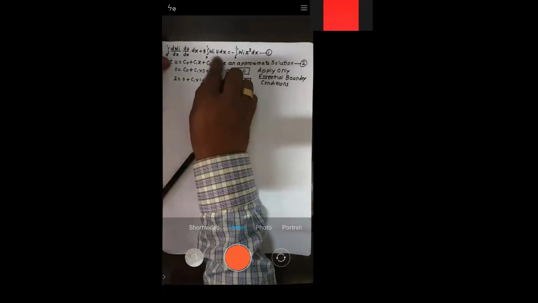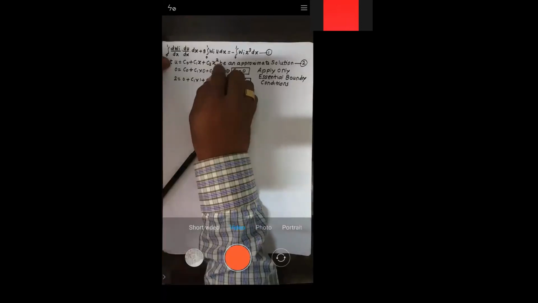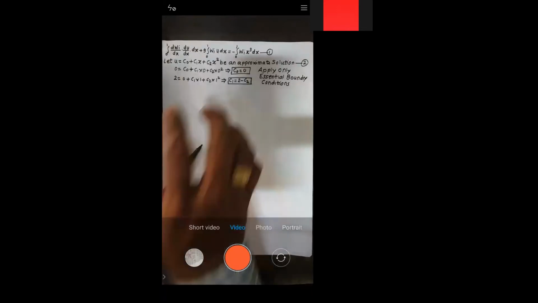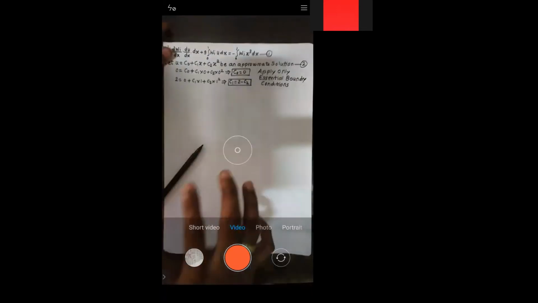So it is expected that you take the power of x at least one greater than the order of the differential equation. Then there are more chances that your answer will be close to the exact solution.